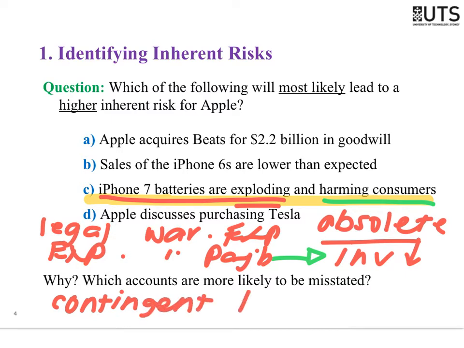Remember what a contingent liability is. The way I always describe it, it's a maybe liability. If this case goes to court, depending on what the judgment is, the business might need to pay damages. If that's the case, that's a contingent liability until that judgment is made by the courts. So they need to disclose that in their financial report.